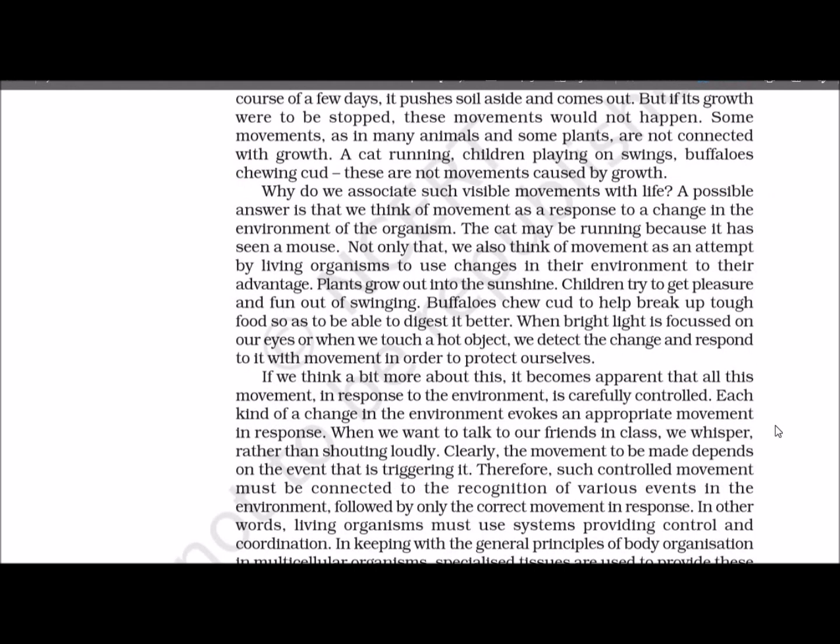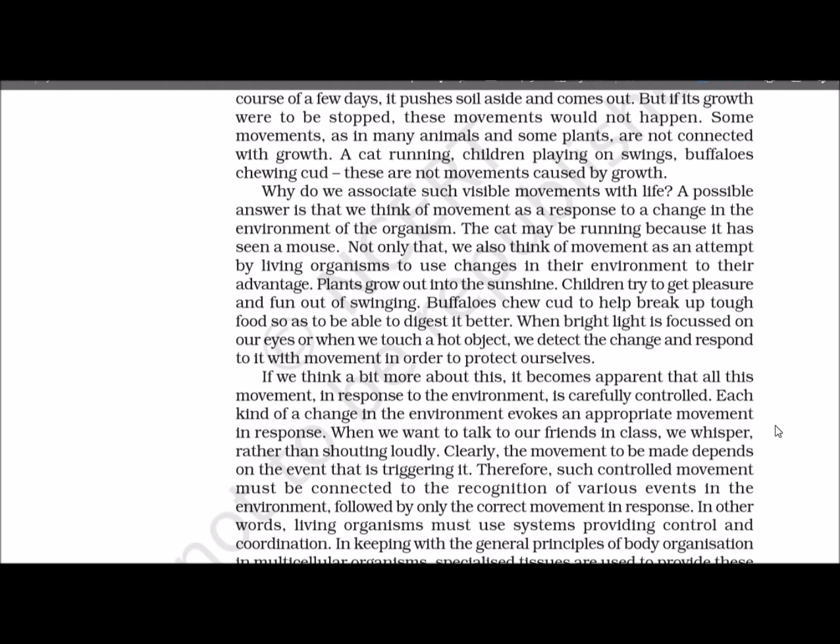In the previous chapter, we looked at the life processes involved in the maintenance function in living organisms. Movements or changes in position are an important characteristic of a living being. They are of two types: the growth movement and the non-growth movement.